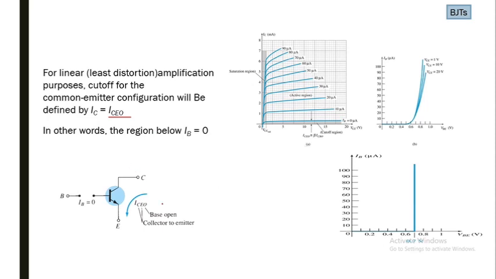And we can define this ICEO as the collector to emitter current when the base terminal is open. When the base terminal is open, automatically IB will be equal to 0.